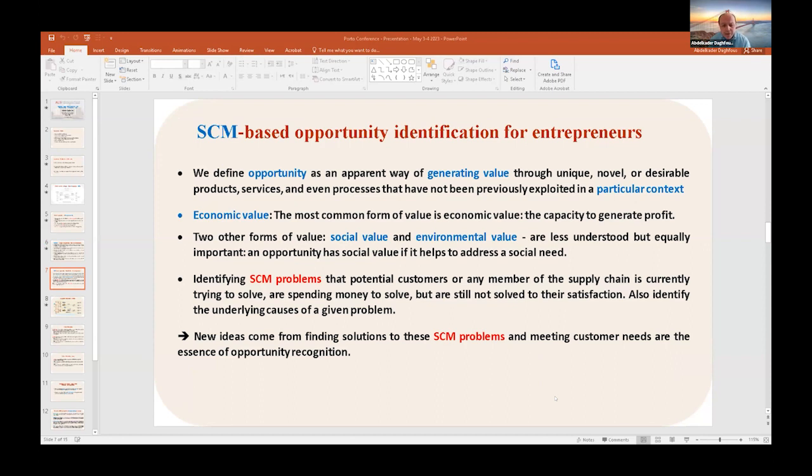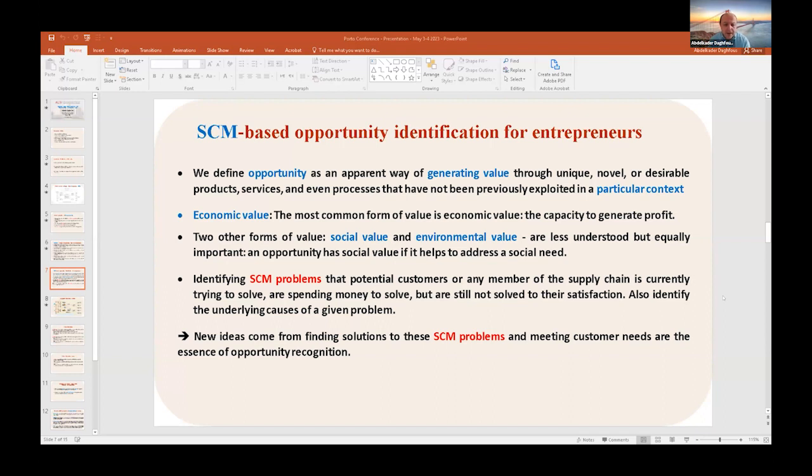To be clear on the terms that we use, we define opportunity as an apparent way of generating value through unique, novel, or desirable products, services, and even processes that have not been previously exploited in a particular context. So this is very important here. And it has to have economic value as well. And more and more we see that ideas for entrepreneurs, especially social entrepreneurs, have social value or environmental value.